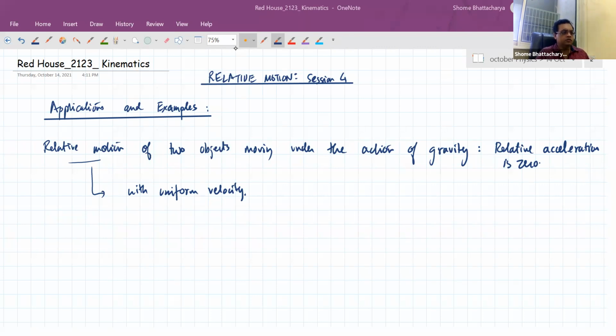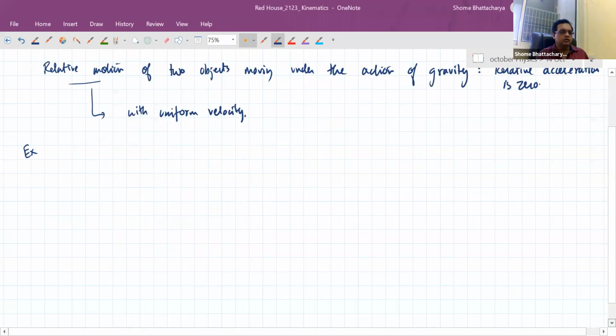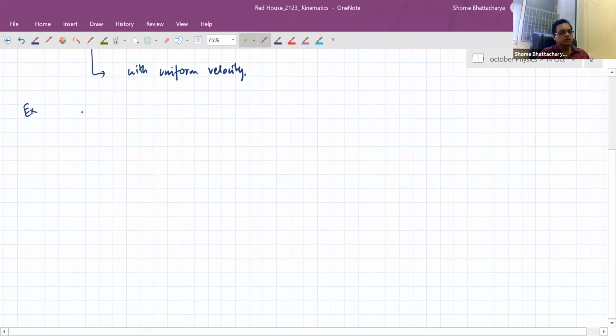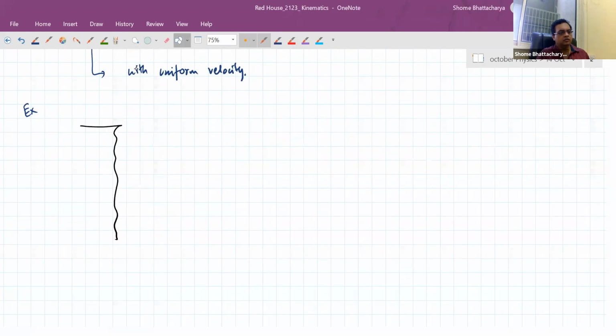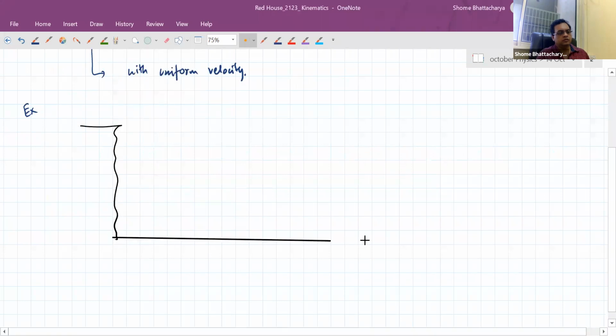So let's look at this. Now this person projects a ball horizontally at a speed of 10 meters per second at time t equal to 0.